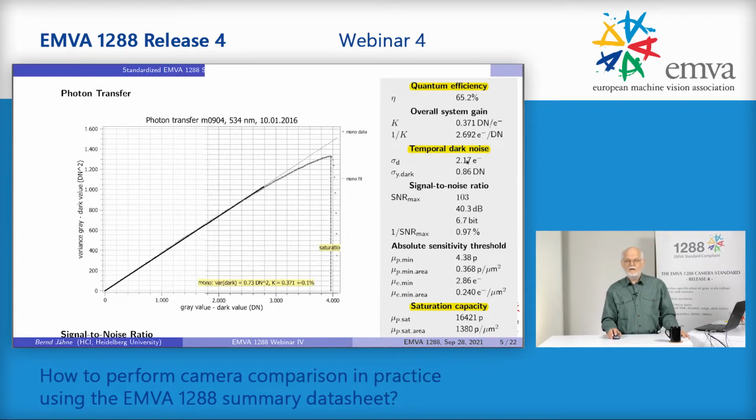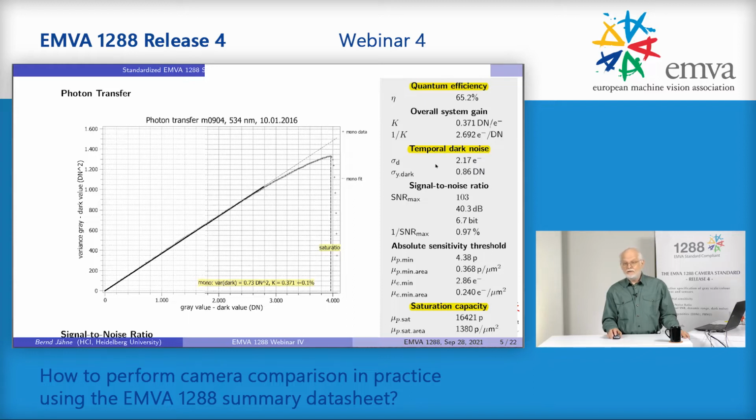And then comes the temporal dark noise, which tells you how much noise is added by the camera. This is given in two units. It is given as it is measured, which we call sigma y dot dark, in DN. Here you see it's quite a low value, a little bit below 1 DN.